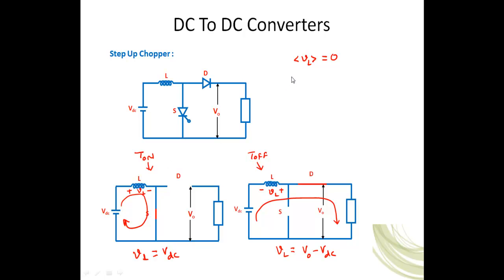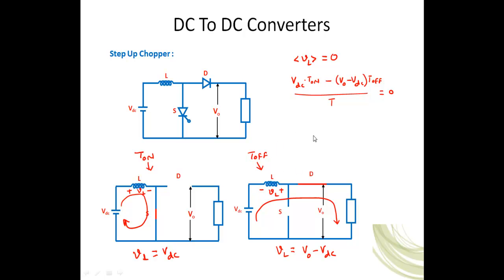That's VDC into T on. This is positive as we are assuming, but here the voltage is reversed, so this will be negative. So the negative area we need to consider, that is V naught minus VDC into T off, divided by T, equal to 0.